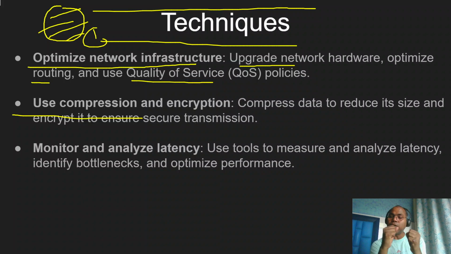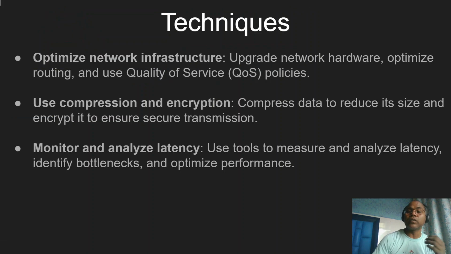And when your data size is reduced, whenever you transfer that data on the network, it requires less bandwidth and your data reaches easily. Fast communication happens. We also have to ensure secure channels; encryption and decryption technology can be used while sending and receiving data. So lots of techniques are available.